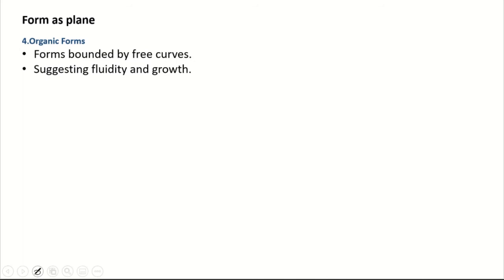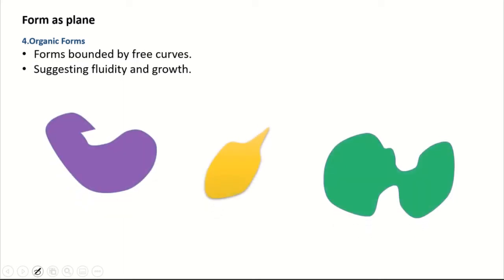The same way, if we see form as plane, the next category is organic form. What are these organic forms? These forms are bounded with free curves, and they generally represent the nature of fluidity or growth.